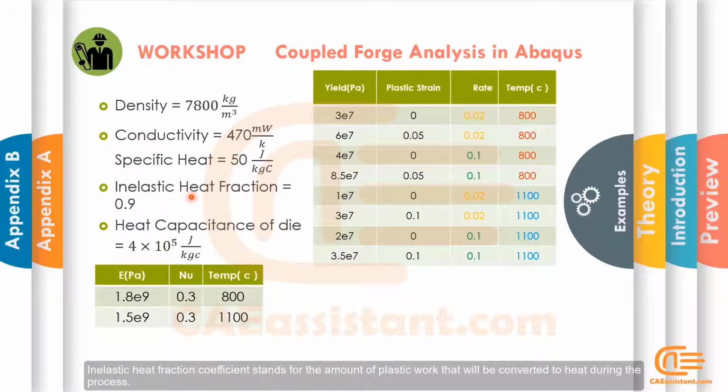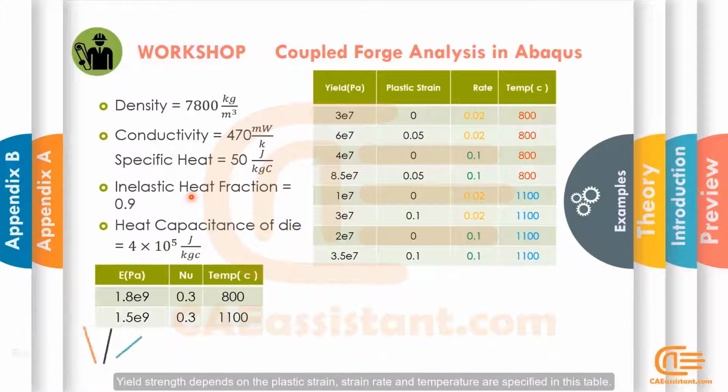Inelastic heat fraction coefficient stands for the amount of plastic work that will be converted to heat during the process. Yield strength depends on the plastic strain, strain rate, and temperature are specified in this table. Temperature-dependent elastic specifications are also listed in this table.